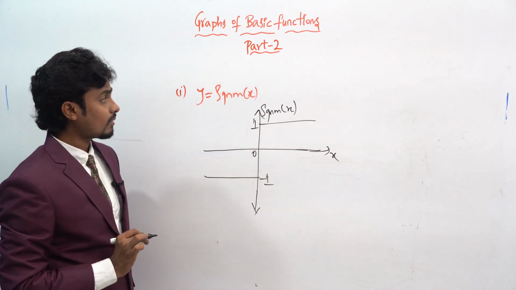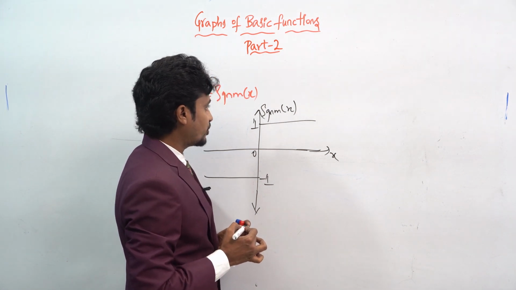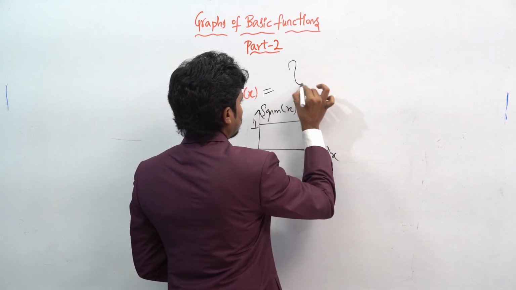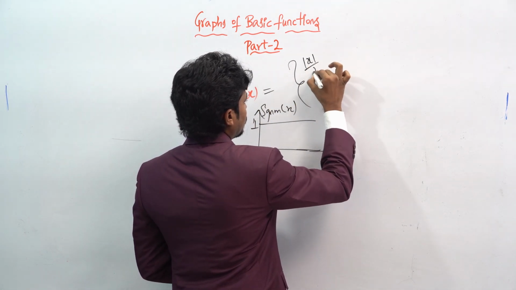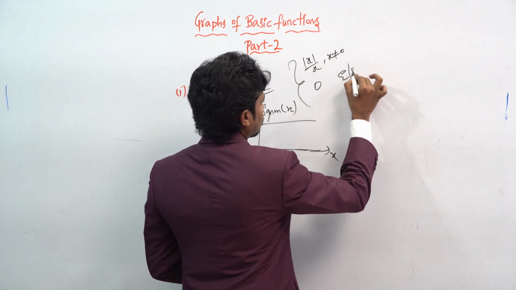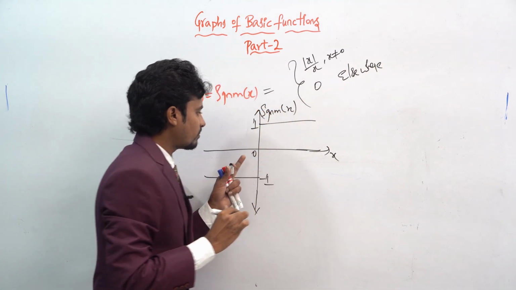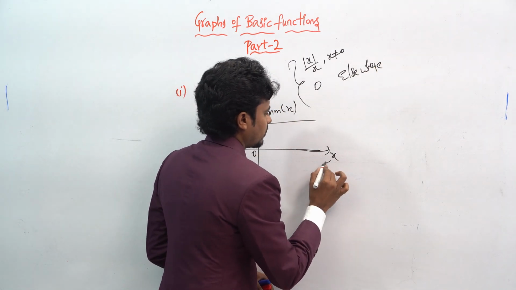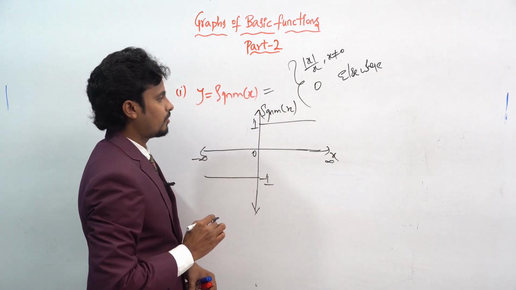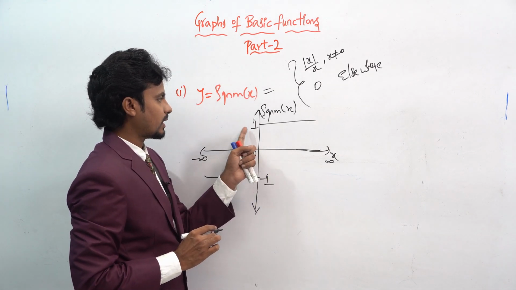Okay, here if you want to represent it, how can you represent it? That will be the modulus of x divided by x, where x not equal to 0, and 0 elsewhere. So here you can observe this will be some infinite, this will be a minus infinite. So here if you take from 0 to infinite, how much will you get?